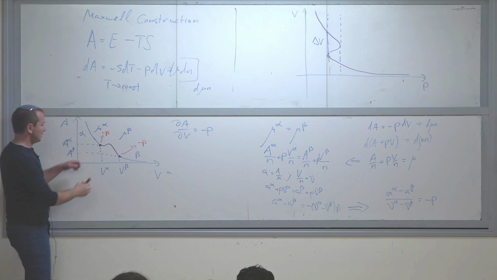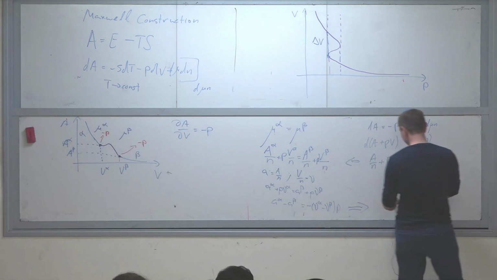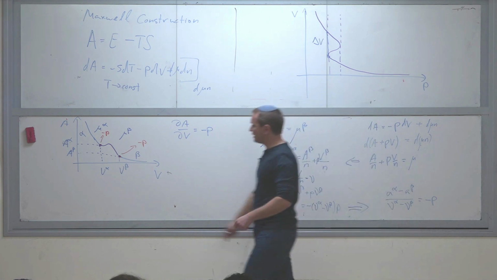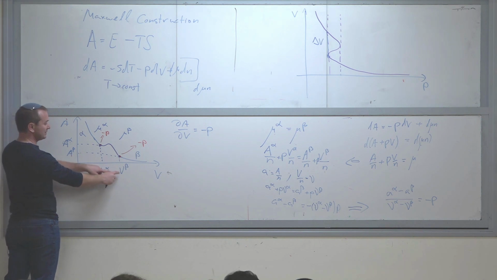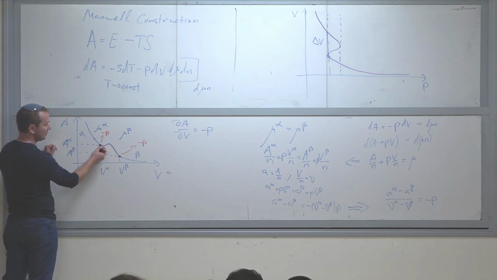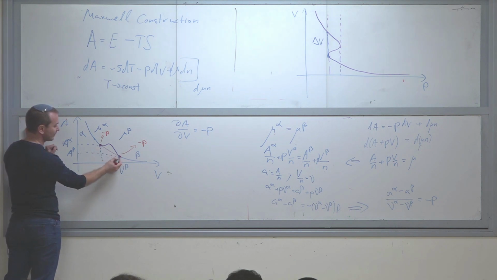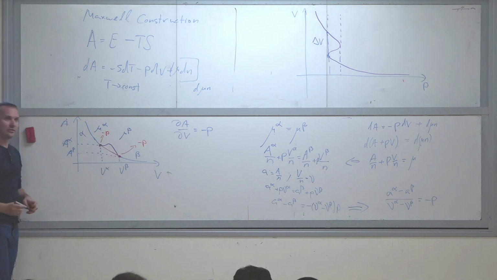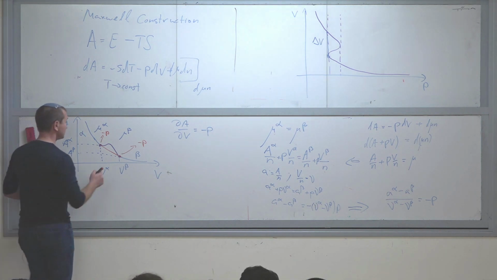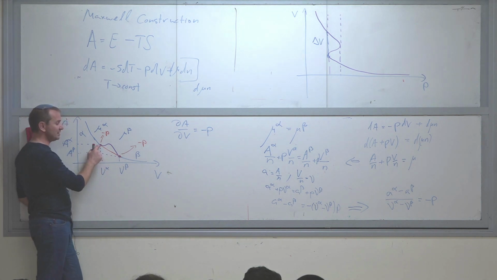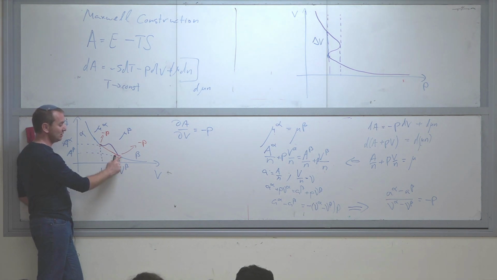Now, what does this guy over here say? This says that we should take A alpha, we should take A beta, and divide by V alpha and V beta. So basically we should connect those 2 points by a straight line. The slope of this straight line is minus P. And this slope is exactly the slope of a tangent line to the function A at this point, and exactly the slope of a tangent line to this function at this point.